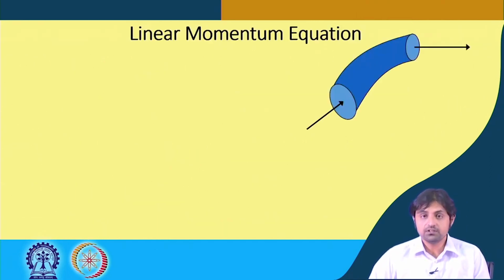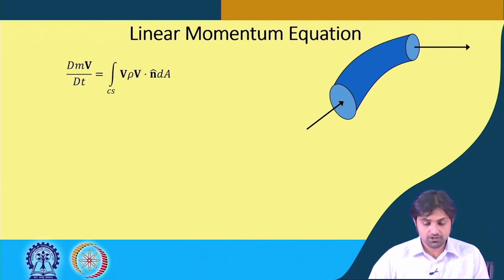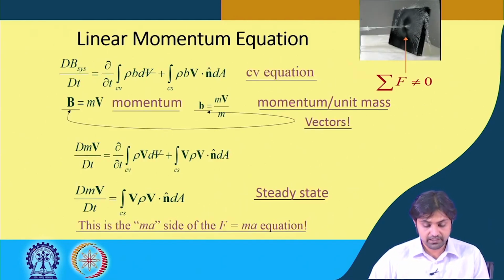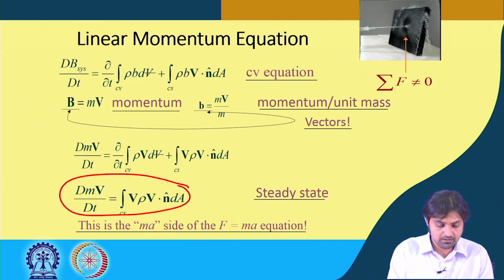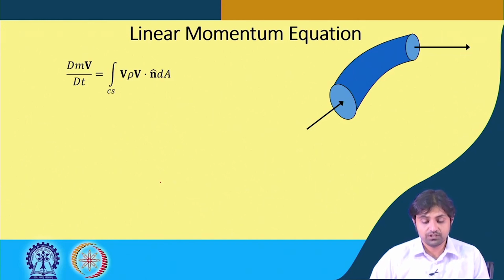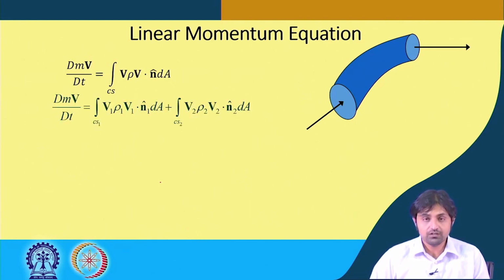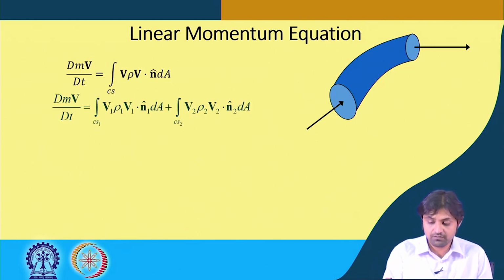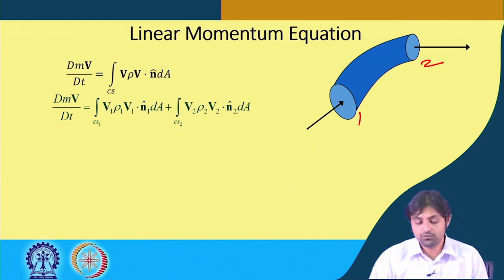Now, similar to the mass, we assume cross sections here, and we use the steady state equation that we have obtained in the previous slide: d(mv)/dt is equal to the integral of rho v (v dot n) dA. Or in simpler words, taking this as 1 and this as 2, V1 rho 1 V1 dot n1 dA and V2 rho 2 V2 dot n2 dA.